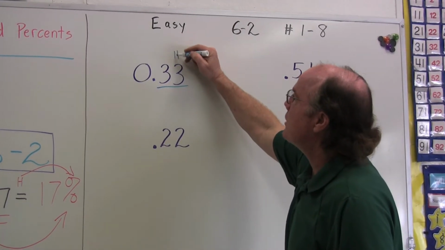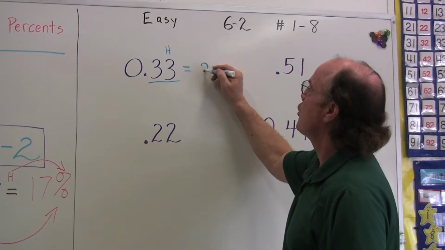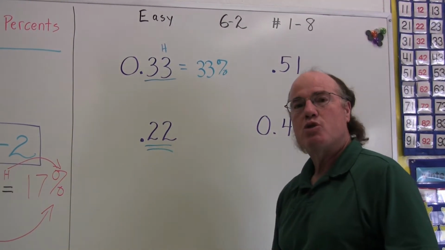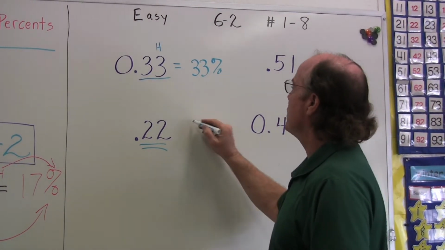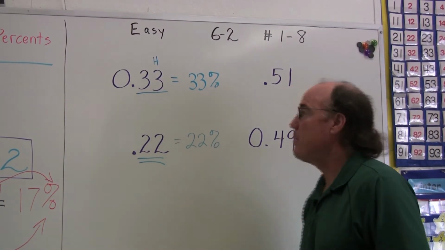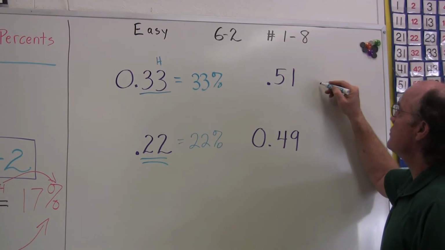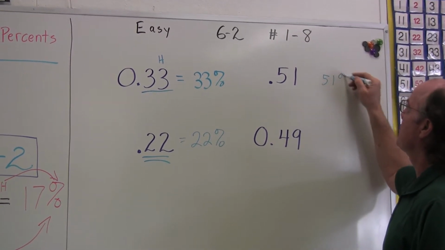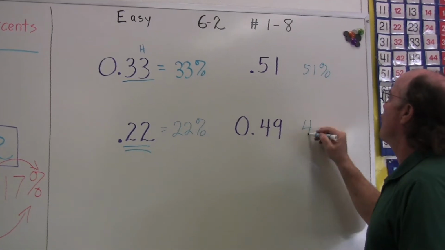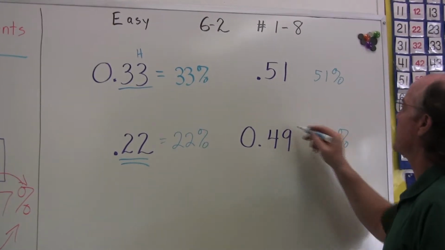This is 33 hundredths, which is 33%. This is 22 hundredths, which is 22%. Okay? 51 hundredths is 51%, and 49 hundredths is 49%.